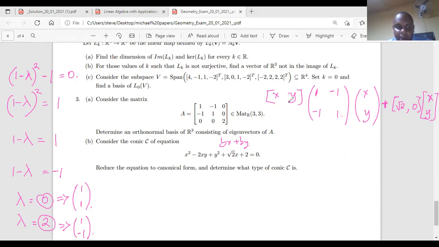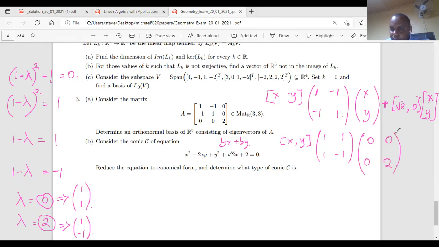And so we could write this as (x y) times the matrix of eigenvectors [1, 1; 1, -1], and then we have the diagonal matrix [0, 0; 0, 2].